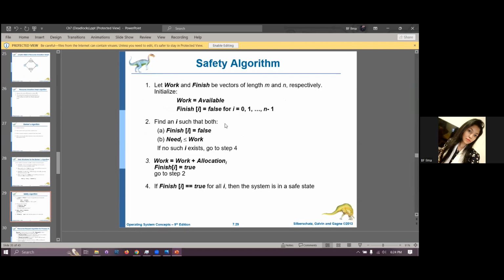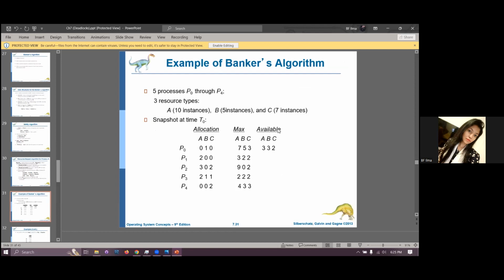This is the initial setup, and these are all the allocated ones. P0 already has one instance of B, and it actually needs a maximum of 5, which means it needs 4 more to complete. And there are other resources as well. If all of the resources are available, only then can it finish.